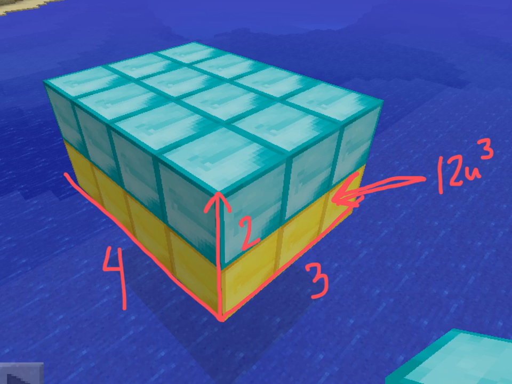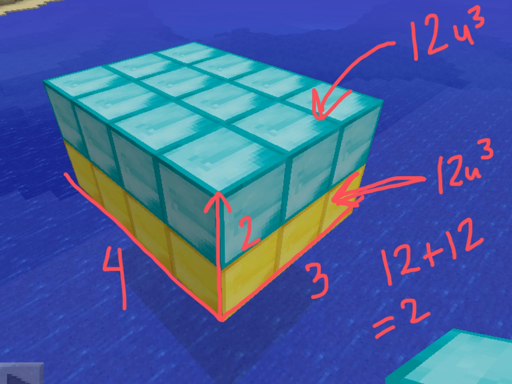We should also then be able to figure out that this second level, which appears to be exactly the same shape and size as the level that it sits upon, is also going to be 12 cubic units, which means that our volume is going to be 12 plus 12, 24 cubic units. That's our volume.